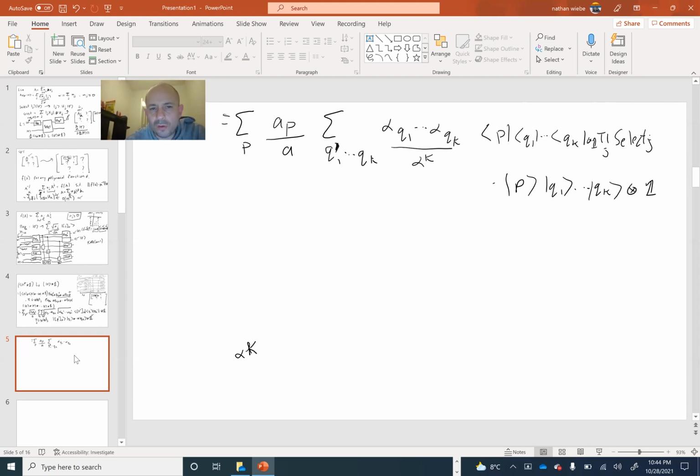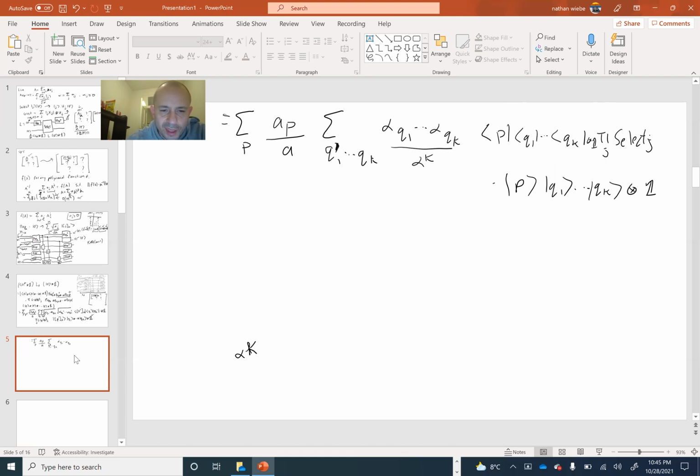All right, cool. So the next thing that we're going to need to do is just do those select operations. So select J is only going to fire if the jth bit of P is 1.